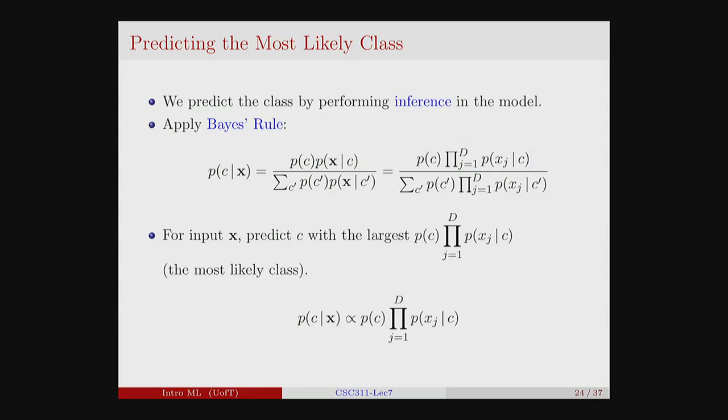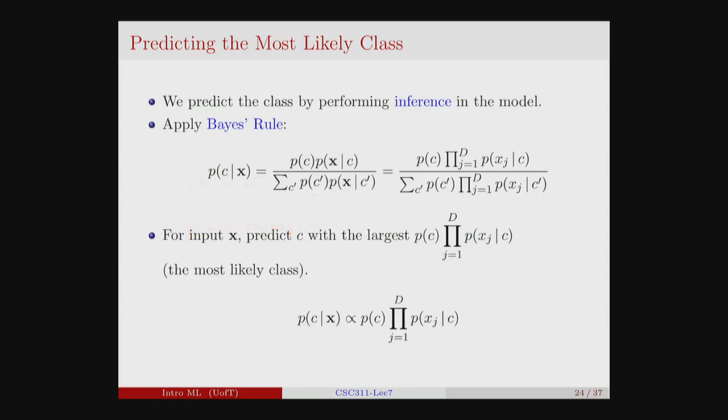You'll notice here, as I mentioned before, that we really only care about the numerator, because we can evaluate this for C equal to 1 given X, and we can evaluate this again for C equal to 0 given X, and the denominator is going to be the same in both cases. So simply by comparing these two, we can make a decision about which class to predict from this model. And how do we make that decision?